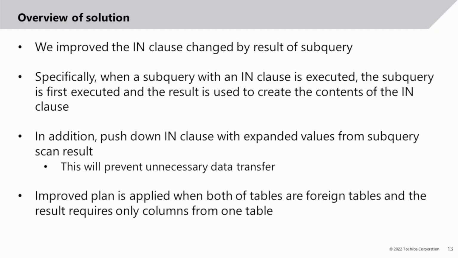In addition, the IN clause with values expanded from the subquery can be pushed down. This will prevent unnecessary data transfer. The improved plan is applied when both tables are foreign tables and the result requires only columns from one table. I will explain the steps of this solution next.